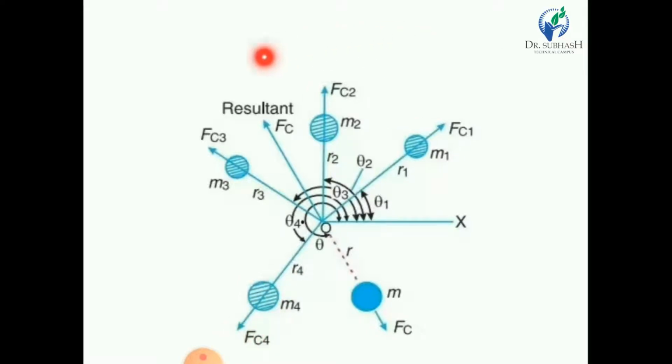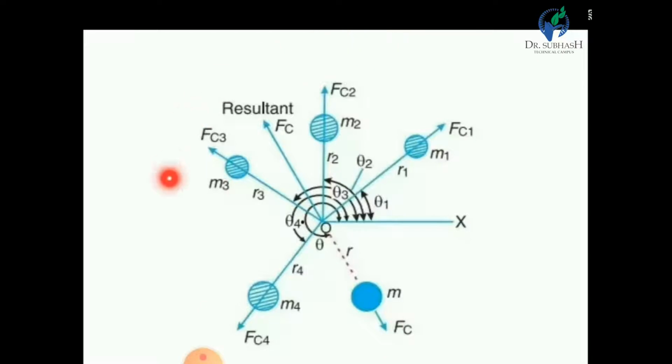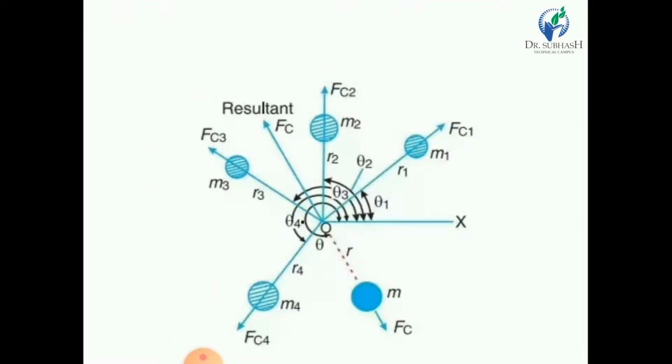Now this is clear. In this figure, the four centrifugal forces Fc1, Fc2, Fc3 and Fc4 are concurrent forces and also coplanar forces, because the four masses are in the same plane and the forces intersect at a single point. So these centrifugal forces are concurrent coplanar forces.